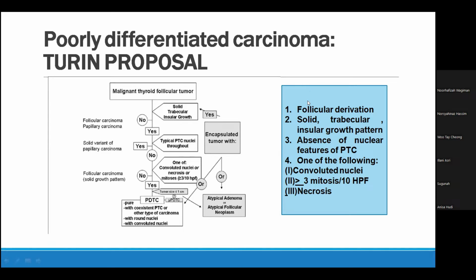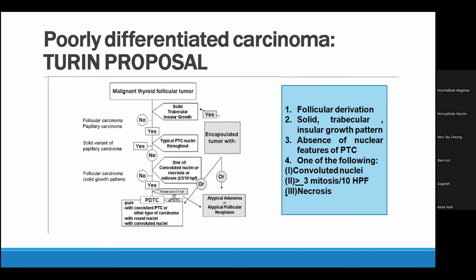It has follicular differentiation, meaning it must show the phenotype of thyroid follicular cells. Sometimes you can see a little bit of follicular differentiation here and there, and it still has positive expression of TTF1 and thyroglobulin, and shows a solid, trabecular or insular growth pattern.